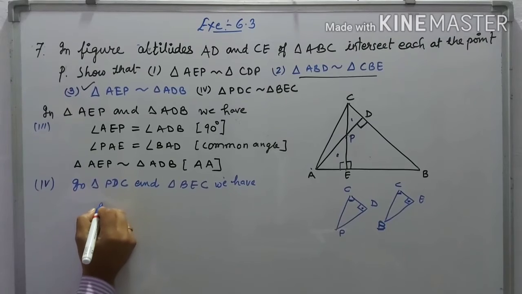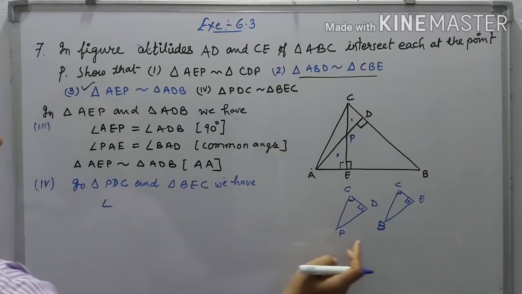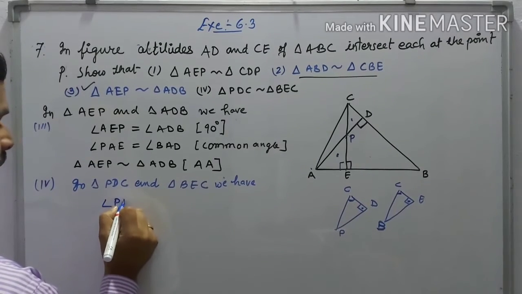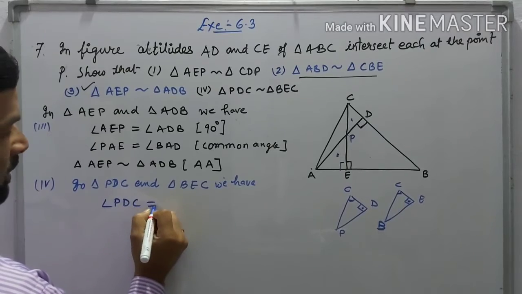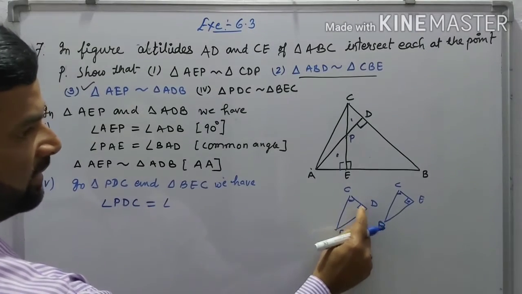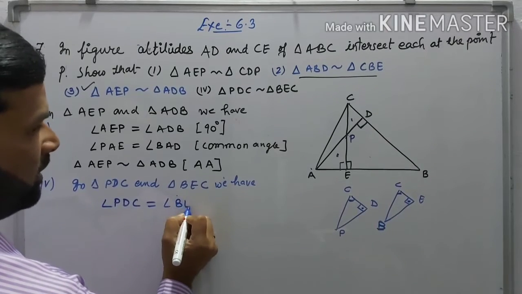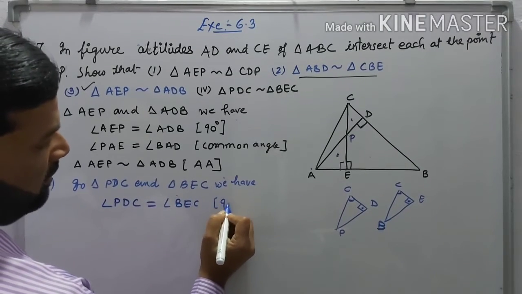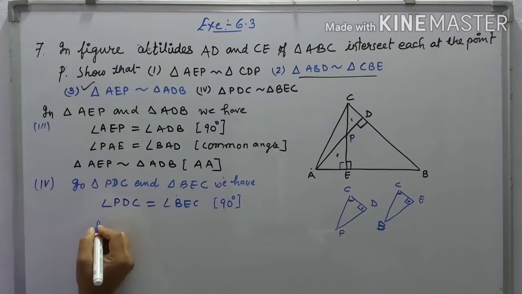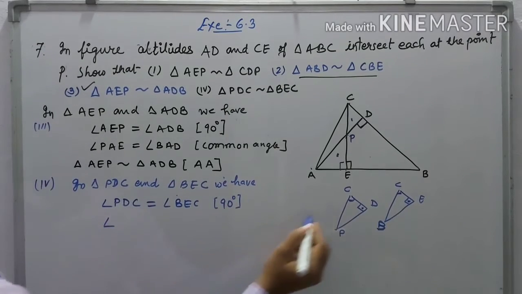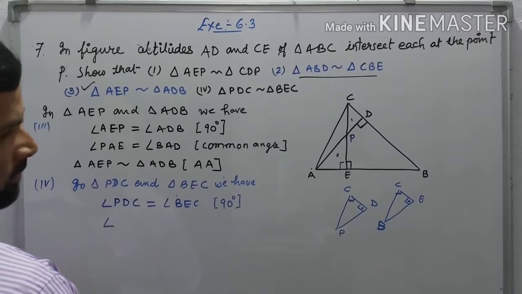Here one angle is 90 and the second angle is common. So you write in the triangles, first angle PDC equal to angle BEC is 90 degrees. Second, angle C is common in both.